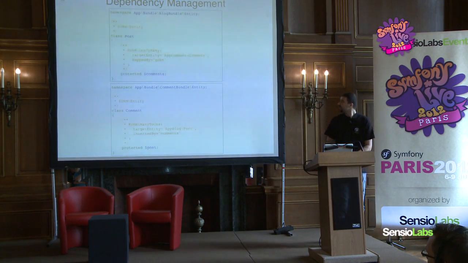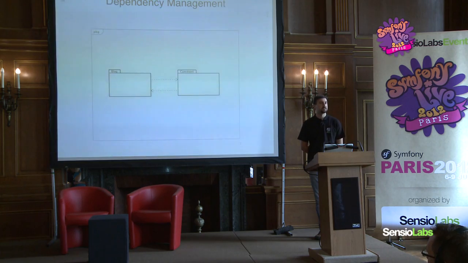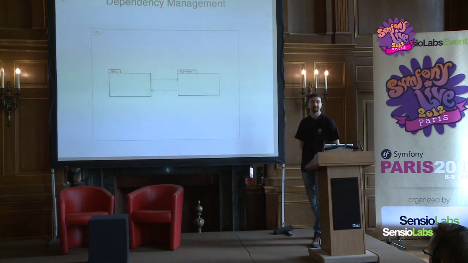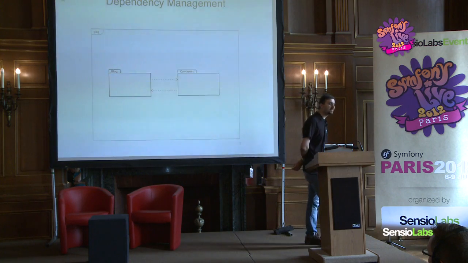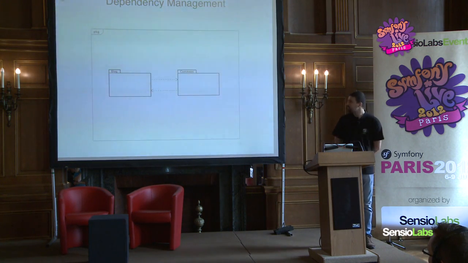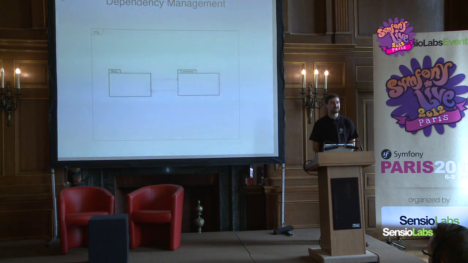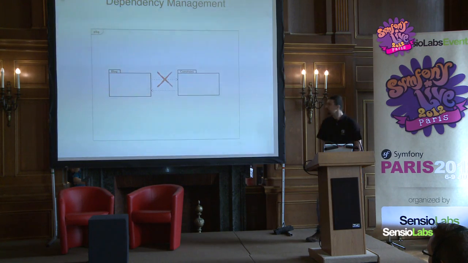The problem is, you have this dependency. It means you can never install your bundle without having the other. And the other can never be installed without the first one. So this dependency is wrong. Why?